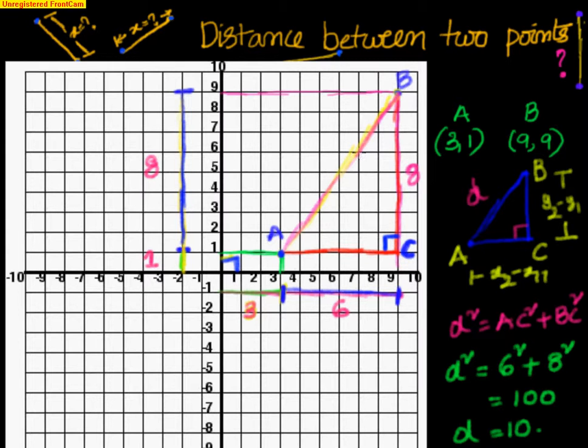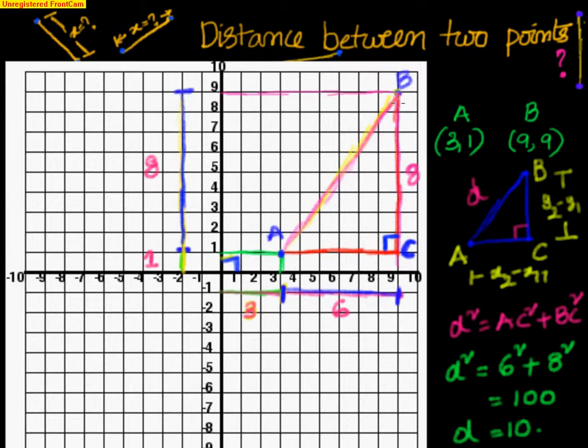Let me just give a recap of what we have done. We have been asked to find the distance between 2 points A and B. Till now, in coordinate geometry, whatever we have learned is only plotting the points. You give me a point, I know how to plot it on the graph, and I also know a little bit about slopes of lines.